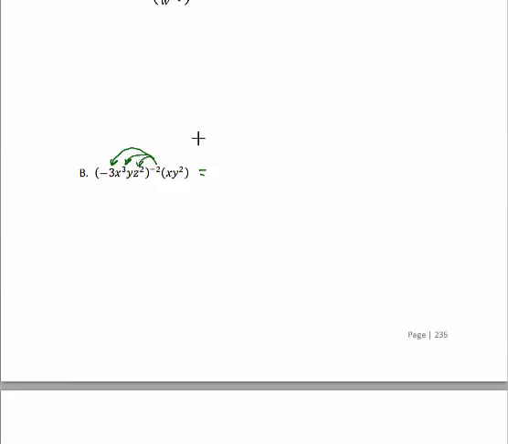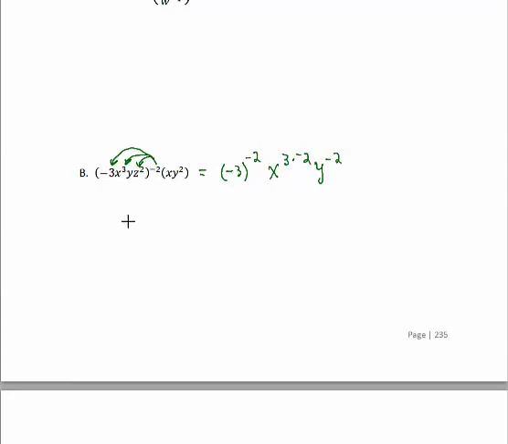Okay, so we distribute this negative 2 to all of the exponents on the inside. We have the coefficient negative 3, and we just write it in its own set of parentheses and put a negative 2 on the outside. But then the other variables, we can multiply their exponents by negative 2.